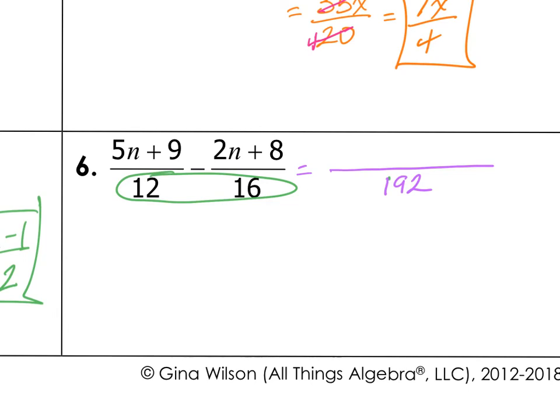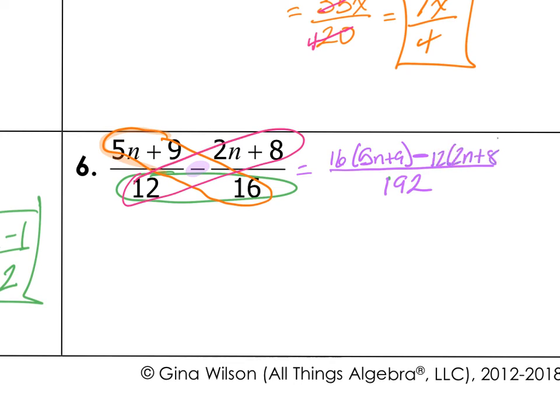Okay, and then I notice that this is a subtraction problem, so I'm gonna multiply these together, starting with your upper left side. So I get 16 times 5n plus 9 minus this side, which is 12 times 2n plus 8.